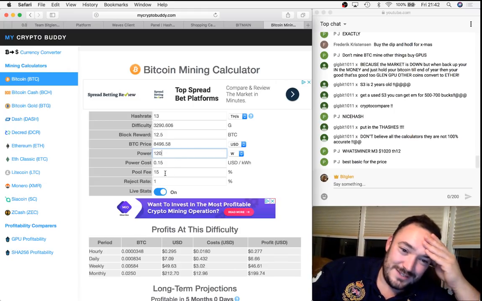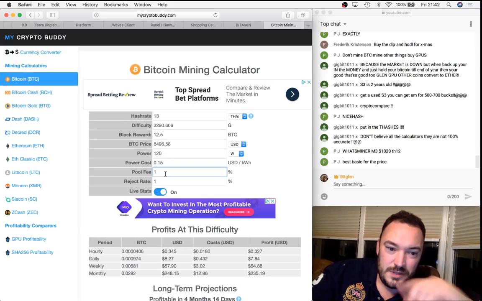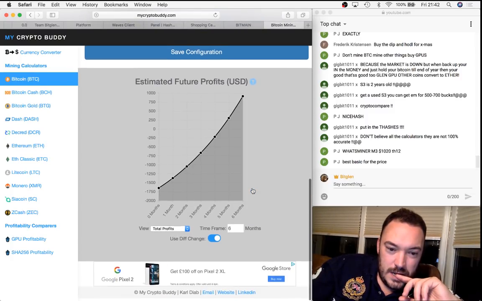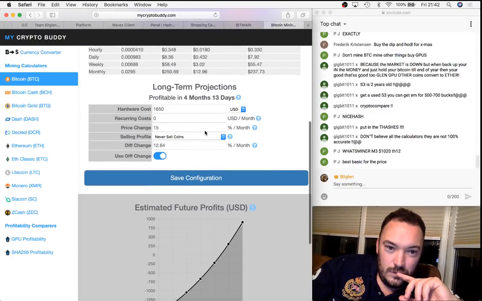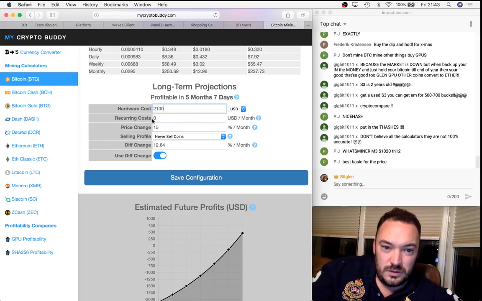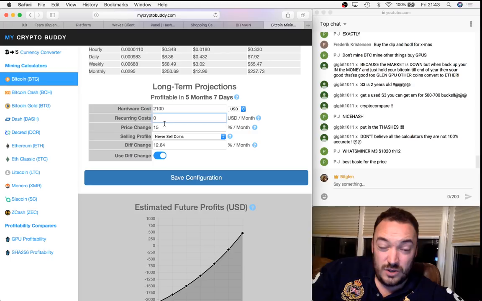I had all these figures in my head. Pool fee 1%, reject rate, put that at 0. And then we're going to do... The machine's going to set you back 2,100 with the power unit. Recurring costs, nothing really. It's just power costs.